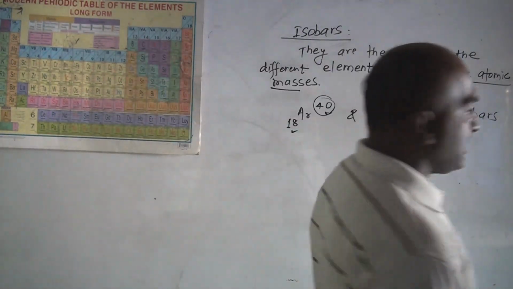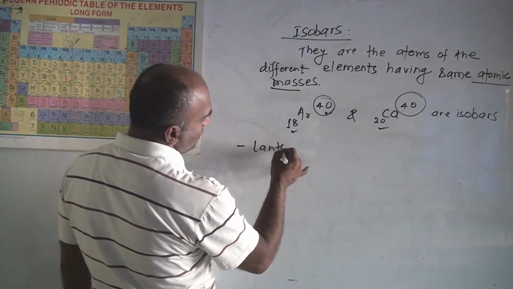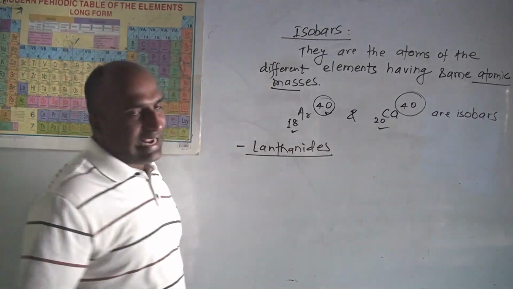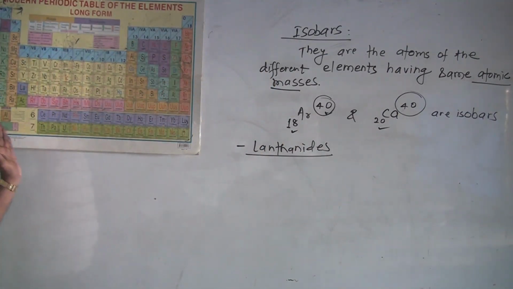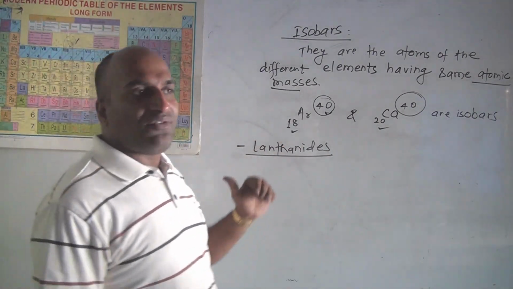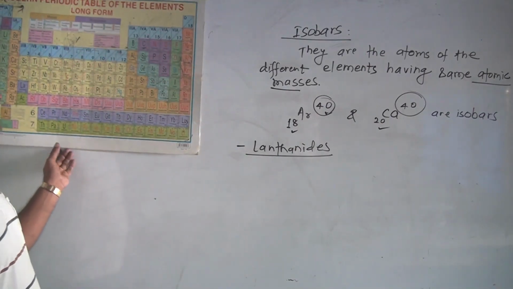Likewise, there is one more term, lanthanides. What do we mean by lanthanides? The 14 elements after lanthanum in the periodic table are called lanthanides.